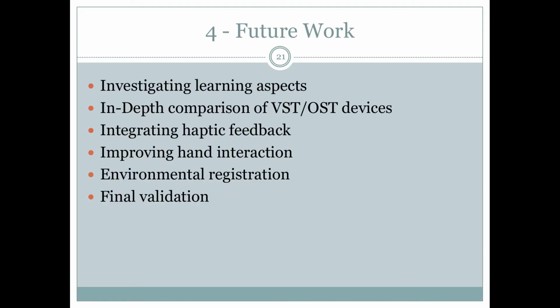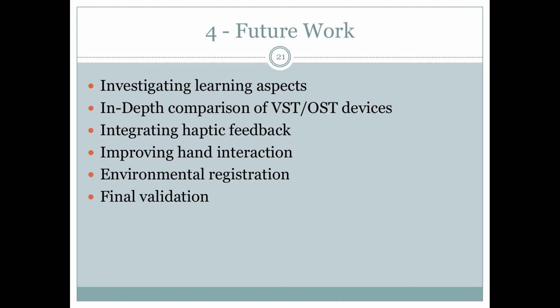So here, the future work that I plan to do in the following 2 years. As first thing, I plan to investigate the learning aspects behind the usage of augmented reality. Then I want to repeat the experiments of the comparison of the 2 head-mounted displays.